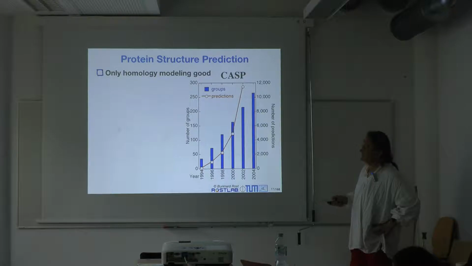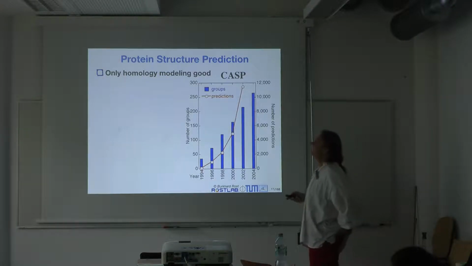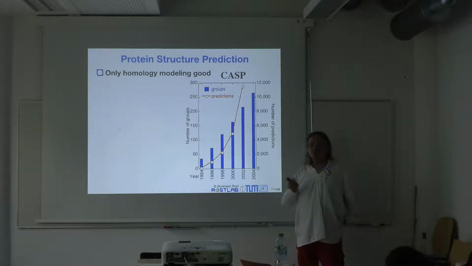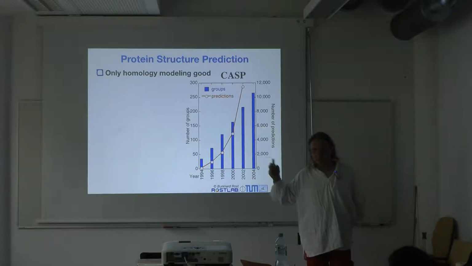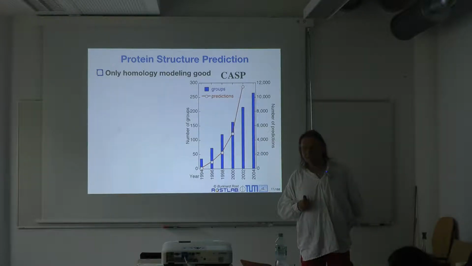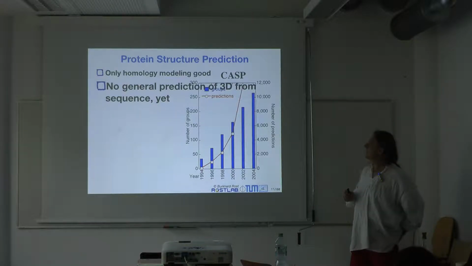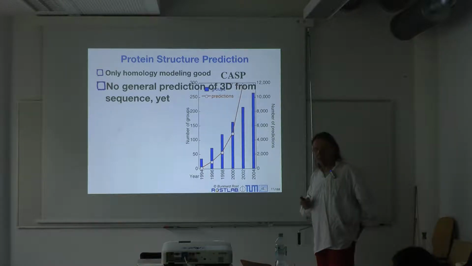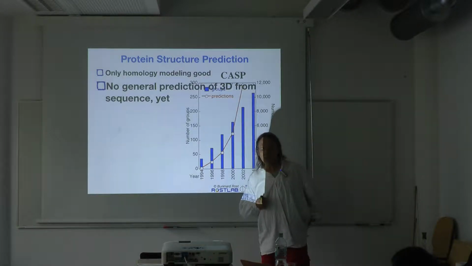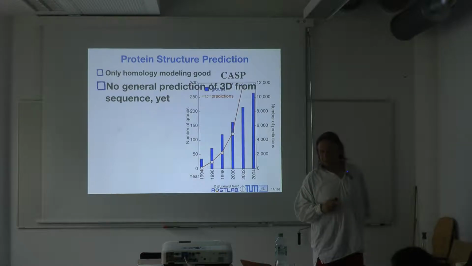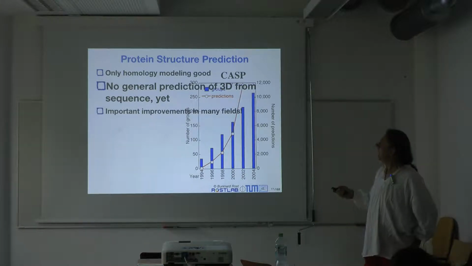Over the first 6 CASP meetings, and that is still in principle true, the thing that really works is comparative modeling, homology modeling, and I'll talk about what that is a little bit more today. This implies, and I'm sorry for the setting here, that there's no generic prediction of 3D structure from sequence yet. I'll get to that again in a minute.